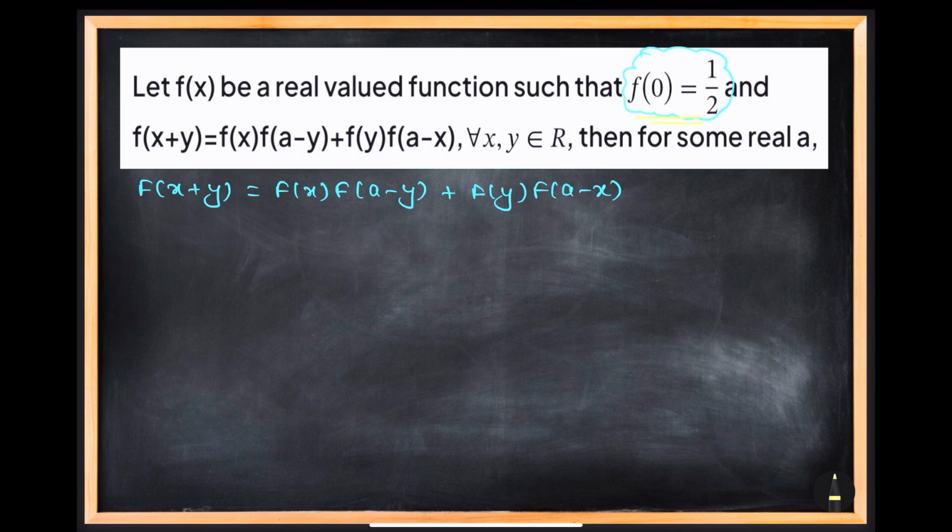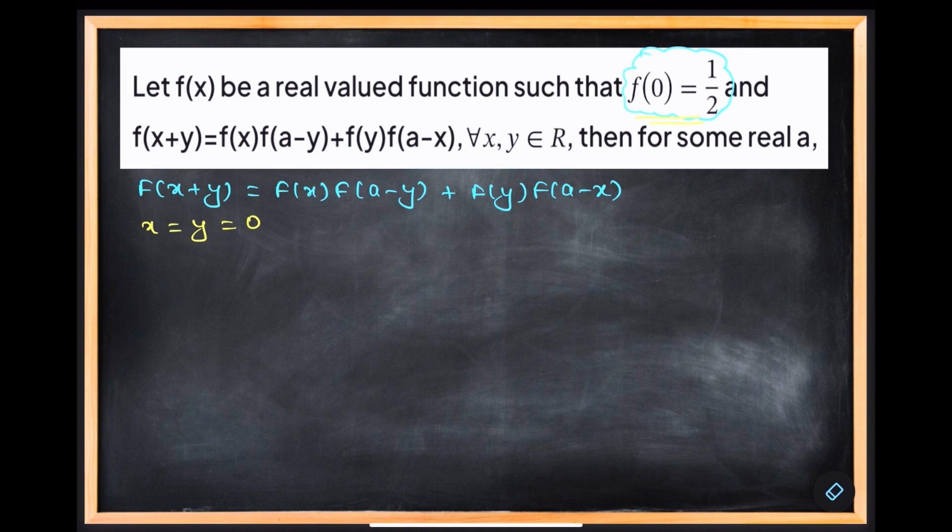If you observe, you have x, you have y, you have a. So what I want you to do is just replace x and y with 0 and see what happens next. But keep this in your mind, that your motive is to find out who is f of x. Okay, so do anything, but try to calculate who is f of x.